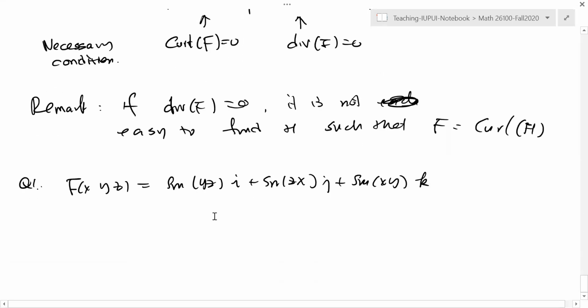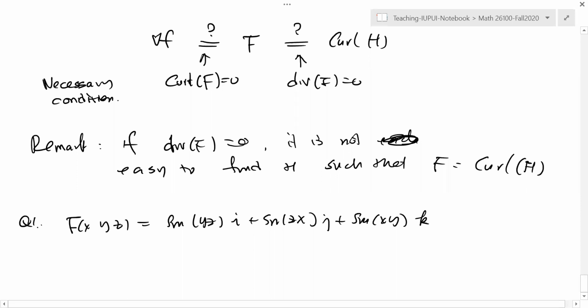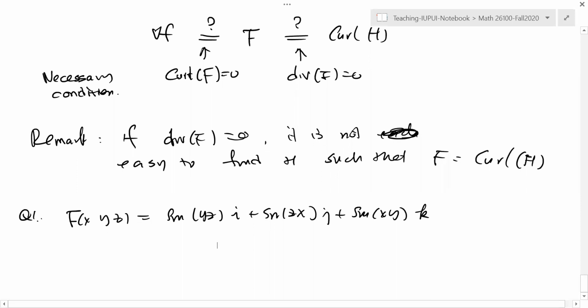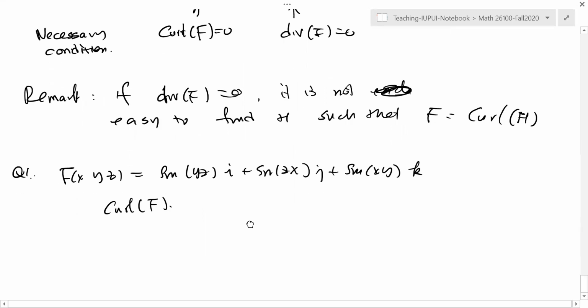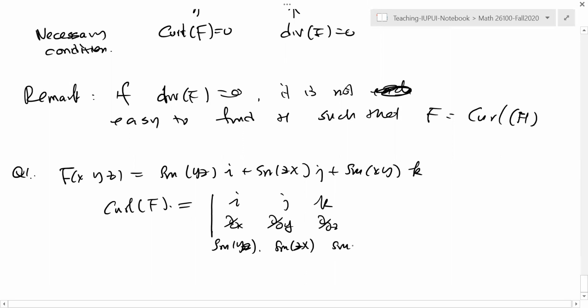So let's compute the curl and the divergence. The curl is going to be the determinant with i, j, k, because I forgot the formula again. I only memorized this one. Then sin yz, sin zx, and sin xy.